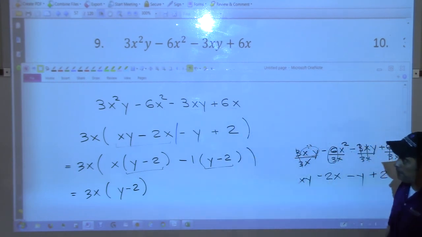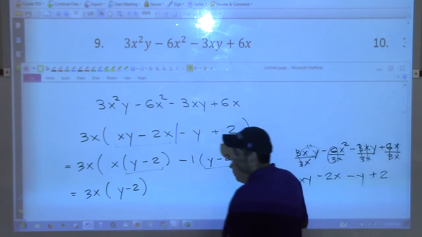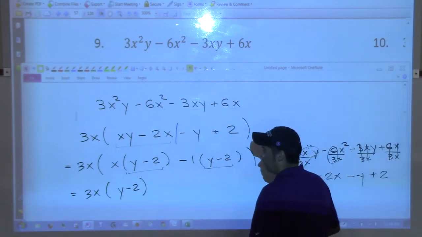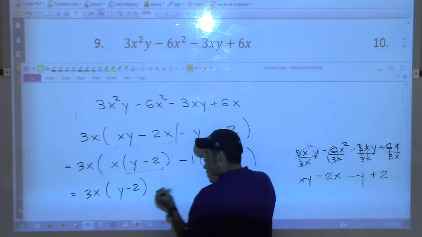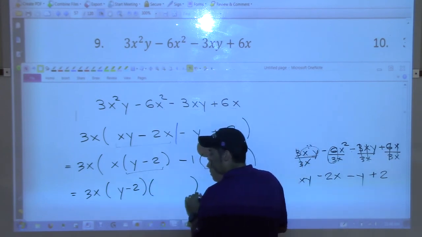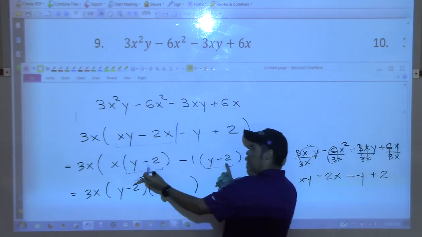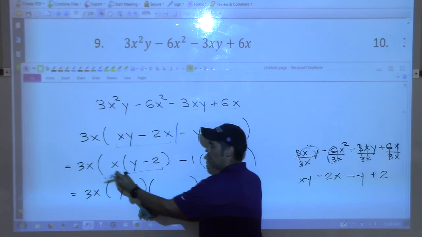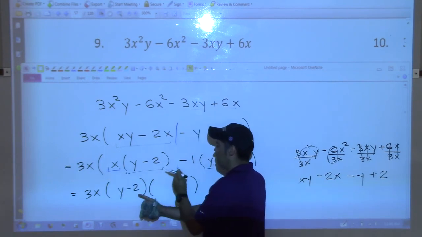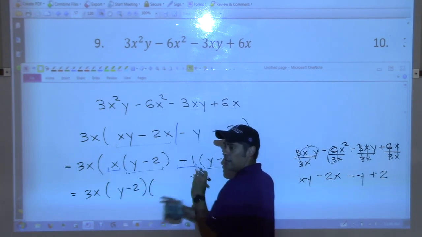And then that minus 1. We have in the next set of parentheses, we're going to have two sets of parentheses. We pulled this out, right? We pulled the y minus 2 out. And what's always going to be left are these two things together. Okay? It's those two together.